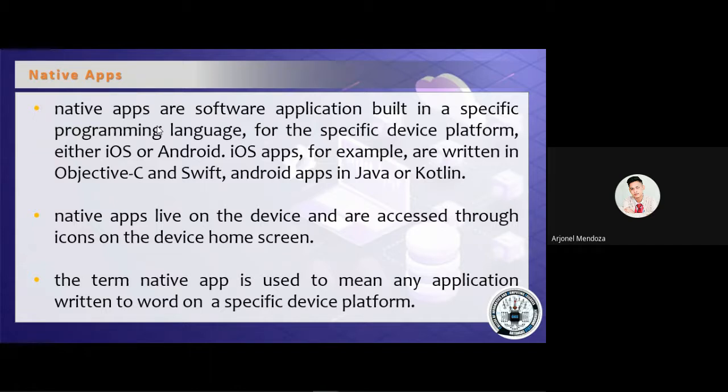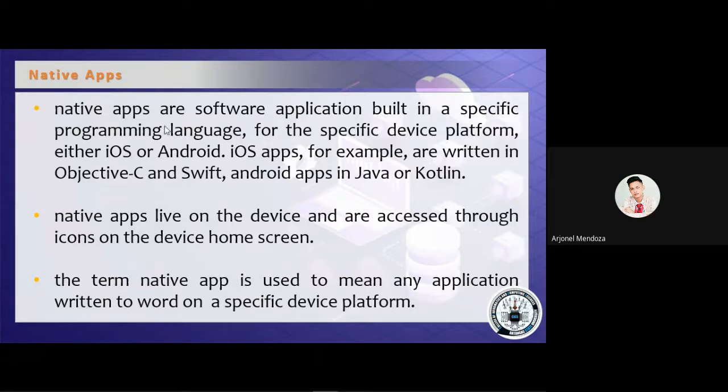Kay Android, parang specific dinevelop si Google Chrome for specific device, for Android. Dinevelop si Safari for a specific device for iOS. So, native app means that the application will only work for a specific device.